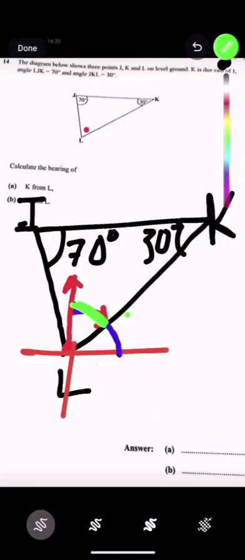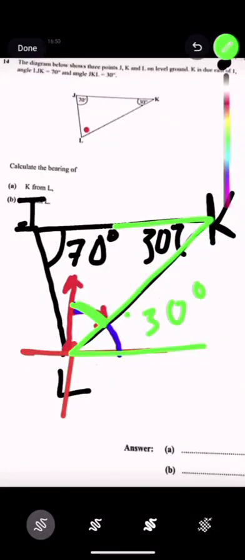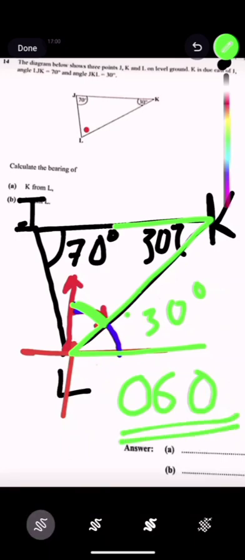We remove it from 90, we remain with the green part, which is the angle, right? So how can we know the blue part? The Z. So this is 30 degrees, and 90 minus 30 is 60 degrees. But for bearing, you will have to write 3 digits. This is the bearing of K from L.